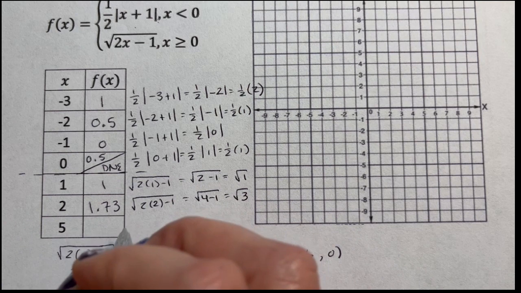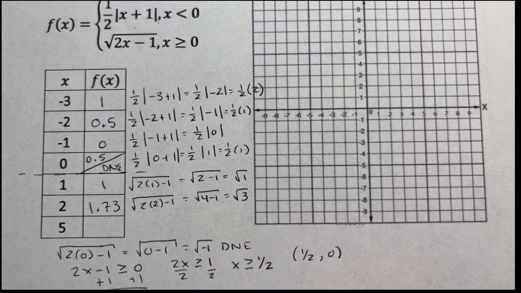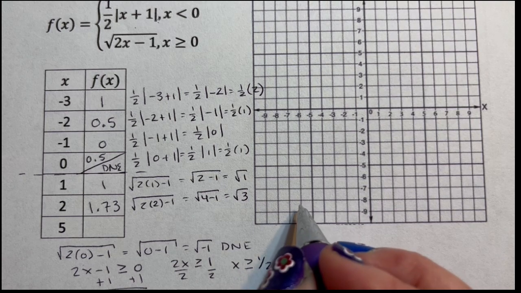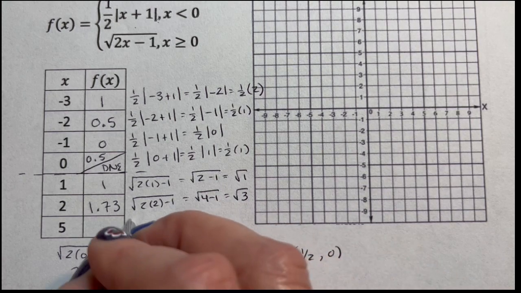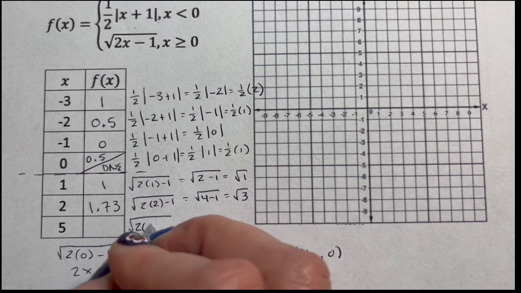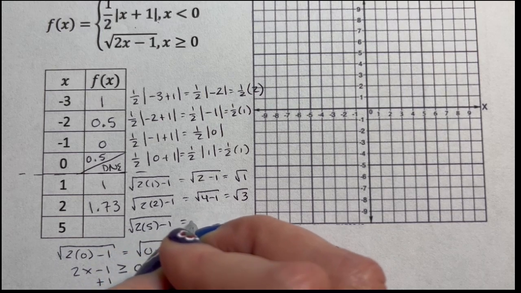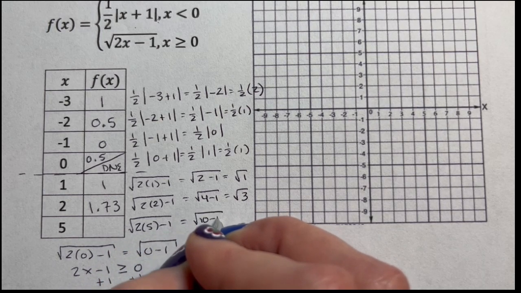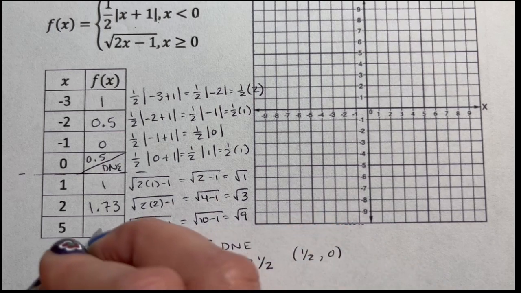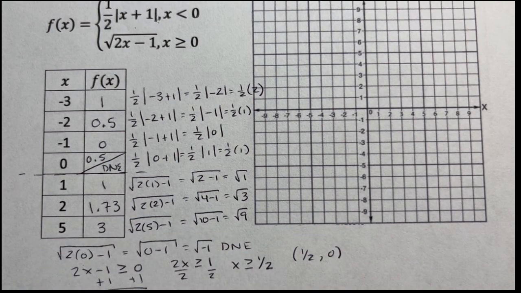I jumped up to 5 because honestly, I wanted to make sure we had values we could graph on grid points. The square root of 2 times 5 minus 1 is the square root of 10 minus 1, which is the square root of 9, which is 3. Okay, this gives us way more than enough points to graph.